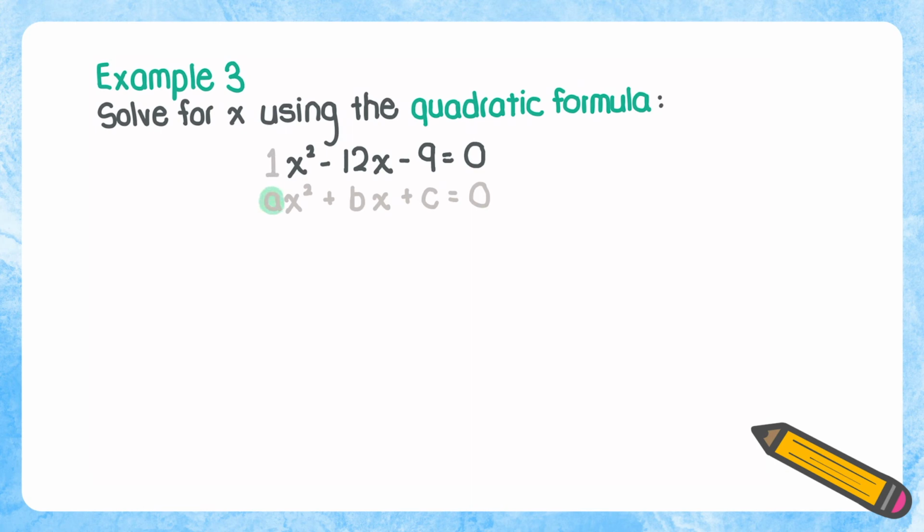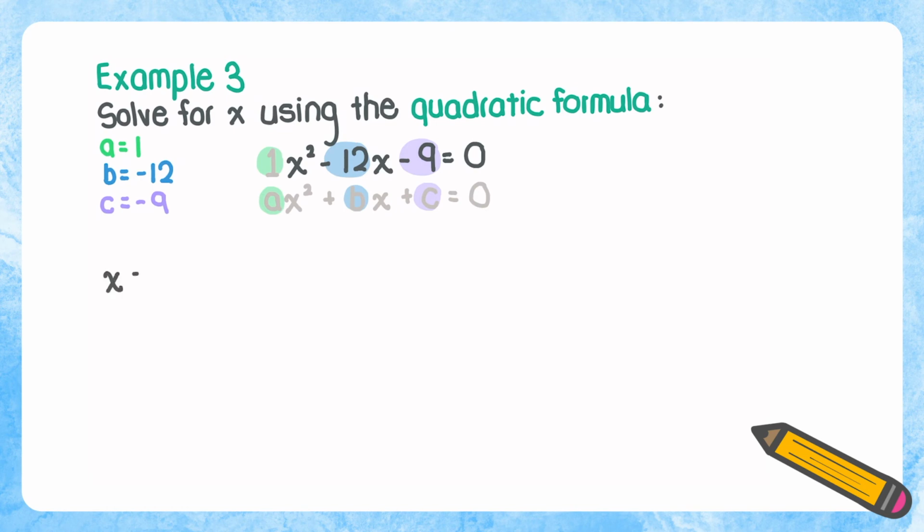So our a value is this invisible 1. A equals 1. Our b value is negative 12. Be careful about the negative. And our c value is negative 9. So c equals negative 9, and let's plug these into the formula.